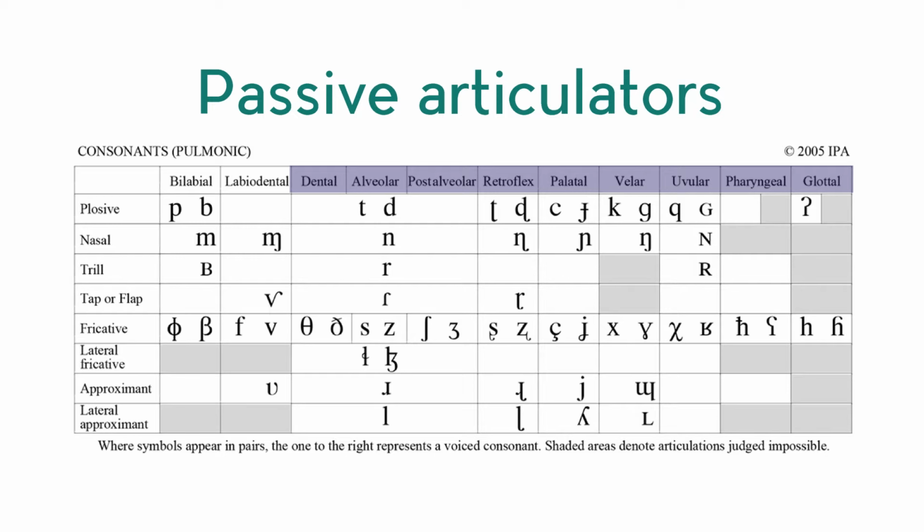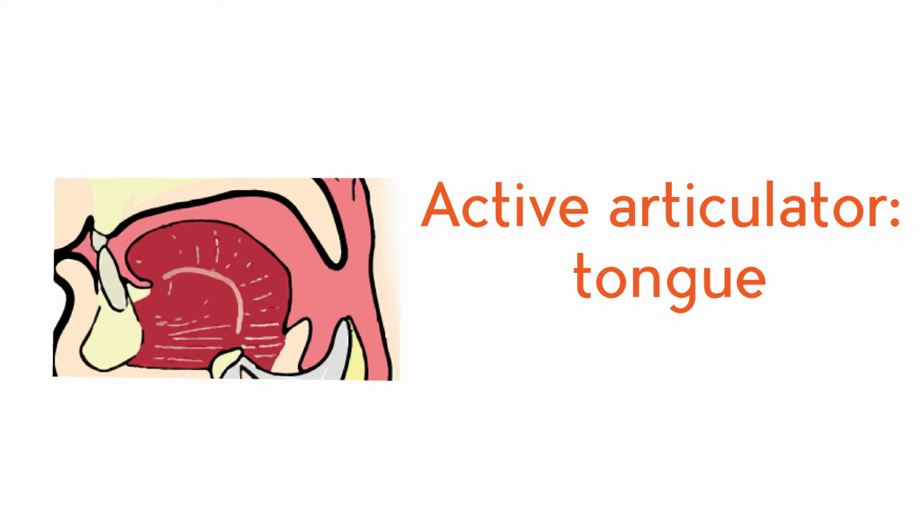When you move to the right or to the back of the mouth, the word is just one part. It's just dental, meaning tooth or teeth. That's the adjective for that, which only mentions the passive articulator. We usually only mention the passive articulator, not the active articulator. In this case, the active articulator is a part of the tongue, and because the tongue has so many different parts, we don't want to get into that discussion.